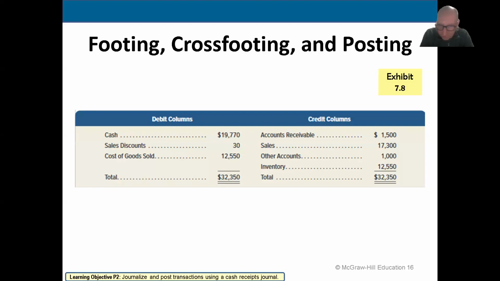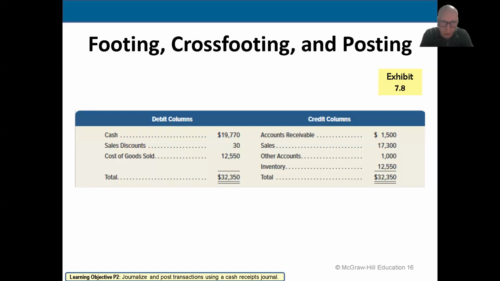We learned about this, I think, the first day, right? We talked about the accounting equation, assets equals liabilities plus equity. That accounting equation must always be in balance. We also talked about the individual transactions and that each transaction has two accounts, a debit account and a credit account, and that the debits must always equal the credits.